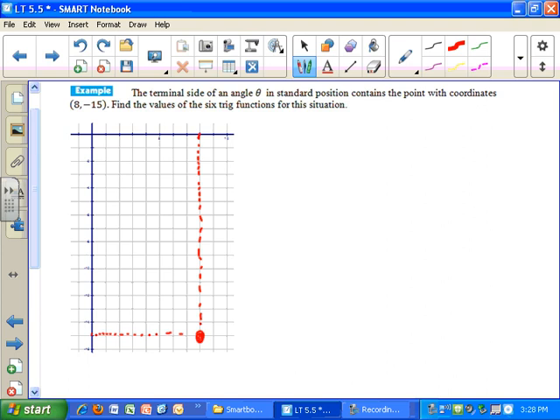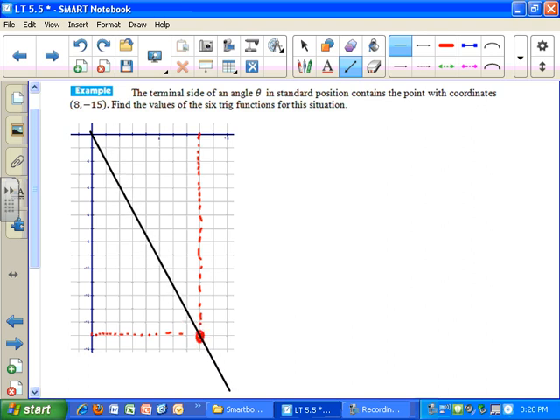So the terminal side is going to go through that point. And now I have to decide where do I put theta. So I end up actually with 2 right triangles. I've got this right triangle up here, but I also have this right triangle down below. But I know that I want to put theta with the x-axis and my terminal side. So theta is right there.